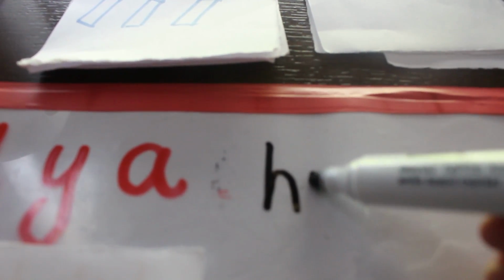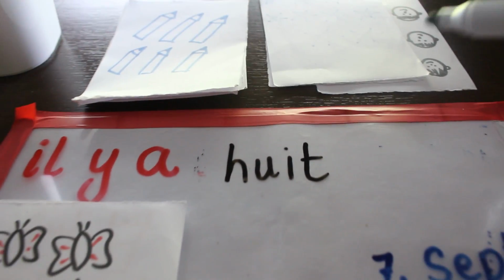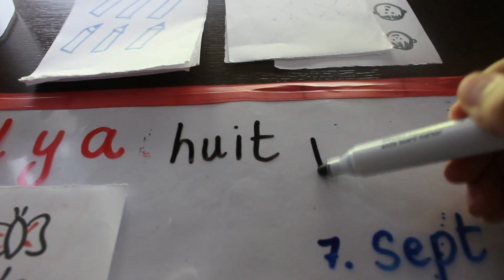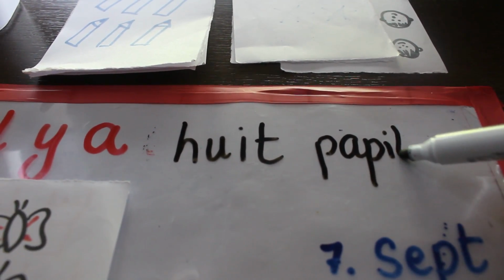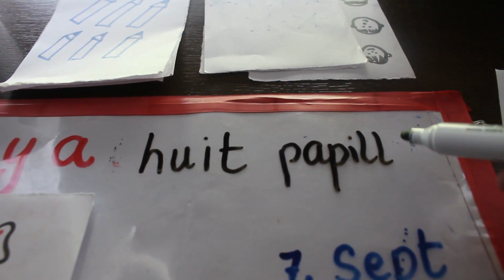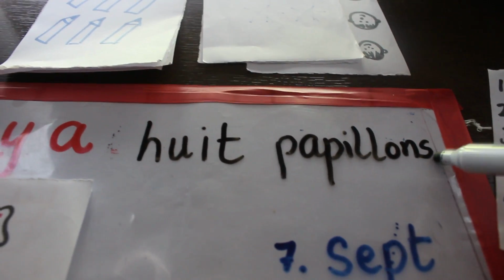Il y a. Why am I using il y a? Because it's easy for you to remember a phrase when you are learning something. Il y a 8 papillons. Remember, I-double-L is L is E, papillon, and an S to make it a plural.